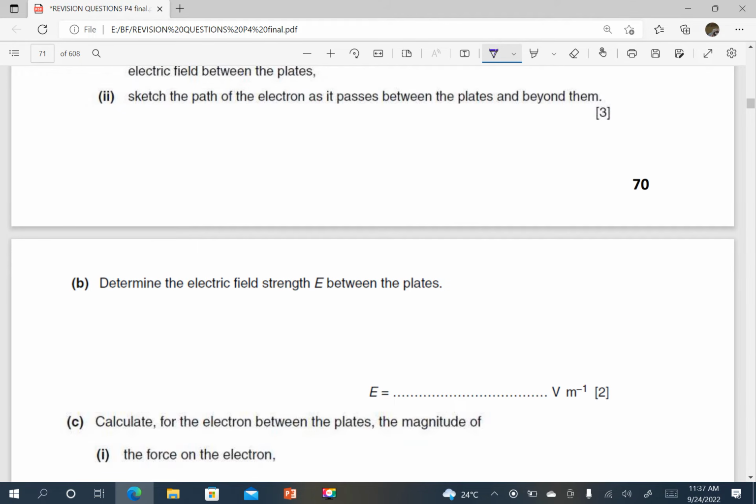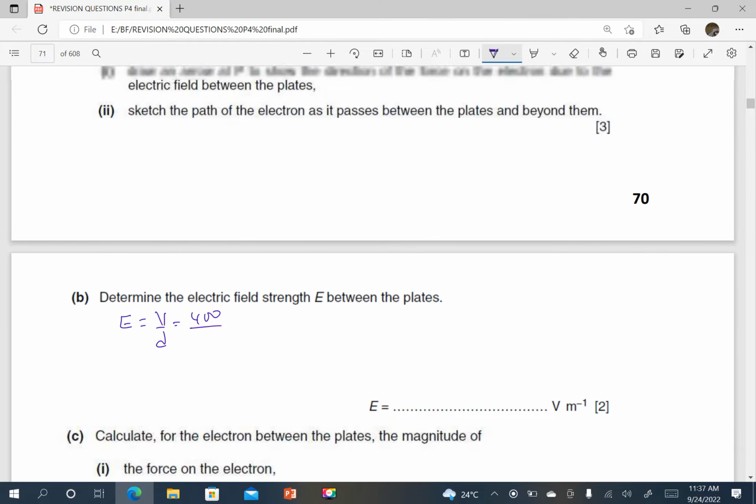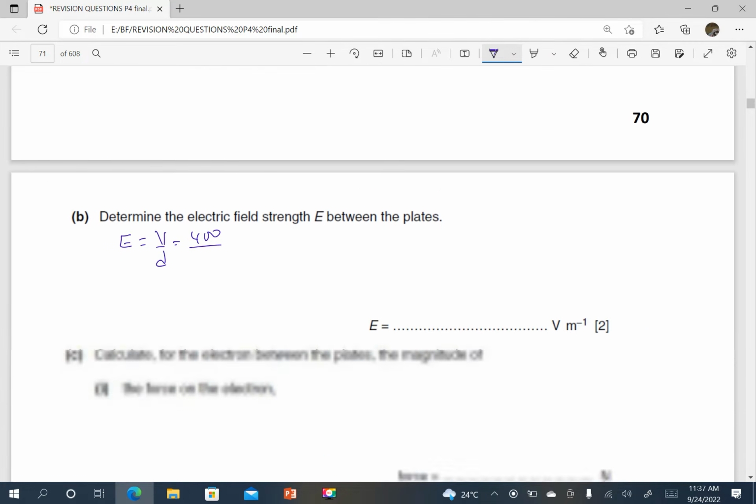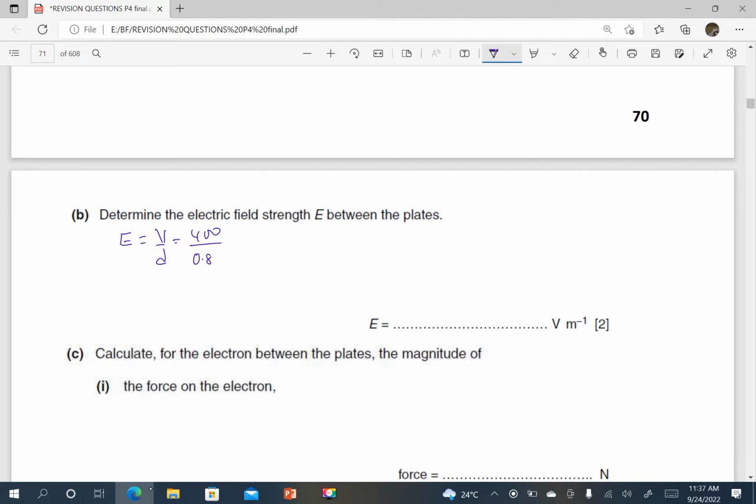So we shall simply say electric field strength E is going to be equal to V over d, that will be 400 over the distance between the plates, which is 0.8 times 10 power negative 2. And when I press the calculator very quickly, this is 5.0 times 10 power 4.